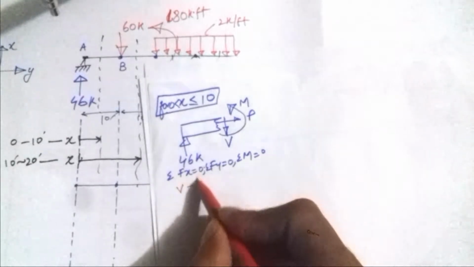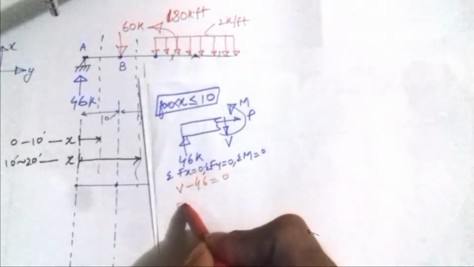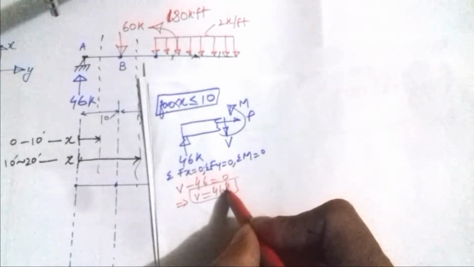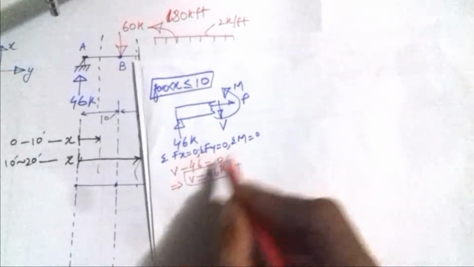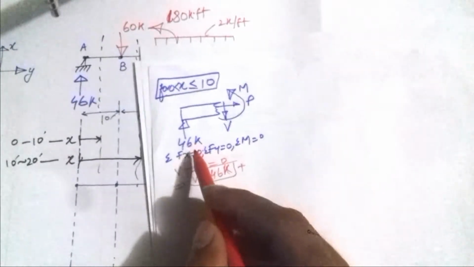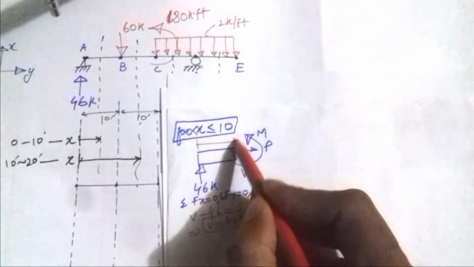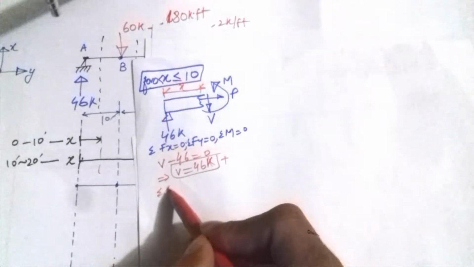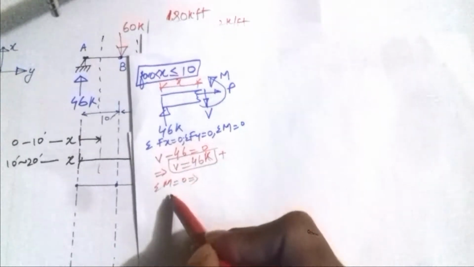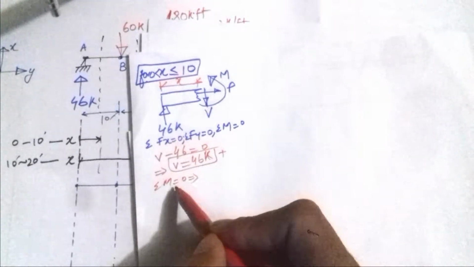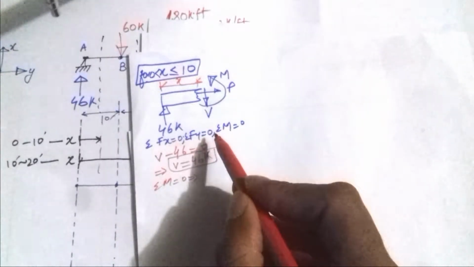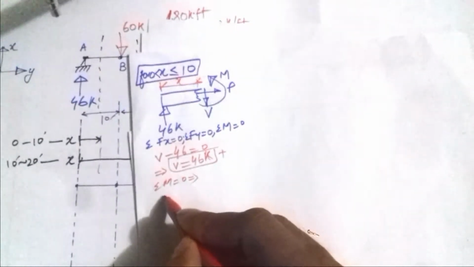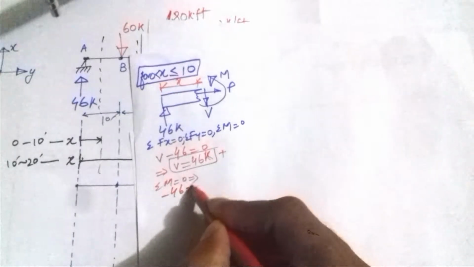So V minus 46 equals 0. From here I can say that V equals 46 kip. So here the shear is positive. Now summation M equals 0. The length of this section is x. Taking moments, the 46 kip force is producing clockwise moment, and clockwise is negative, so minus 46 times x.